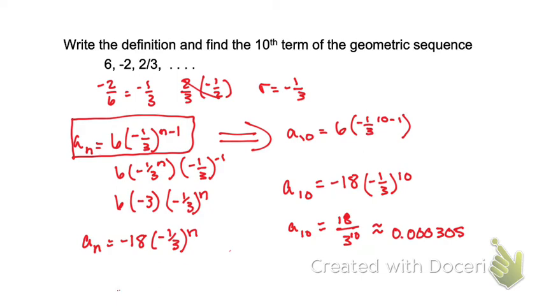Oh, shoot, I'm not done. I didn't finish simplifying mine. Okay, so here would be 6 times negative 1/3 to the 9th.